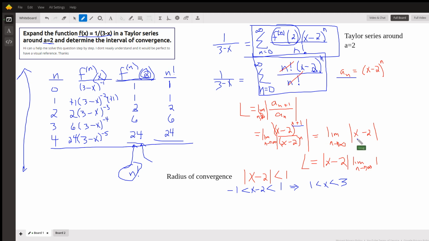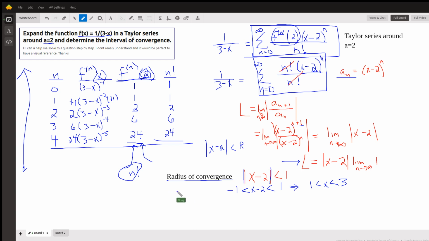If I evaluate the limit, I get the absolute value of x minus 2, and the ratio test tells us that this limit has to be less than 1 in order for this series to converge. This is the definition of the radius of convergence, that the absolute value of x minus a has to be less than some value here. That's the radius of convergence.